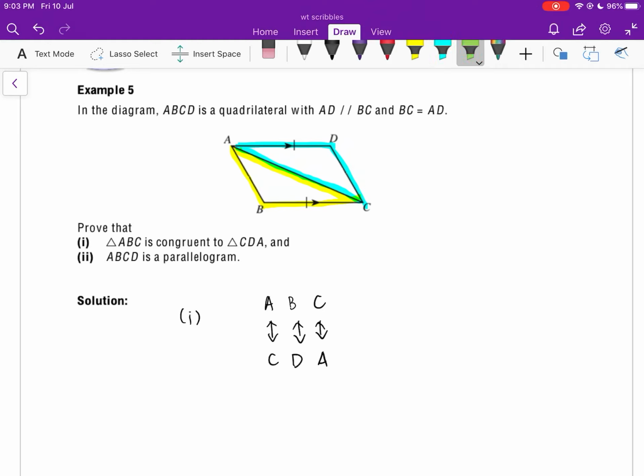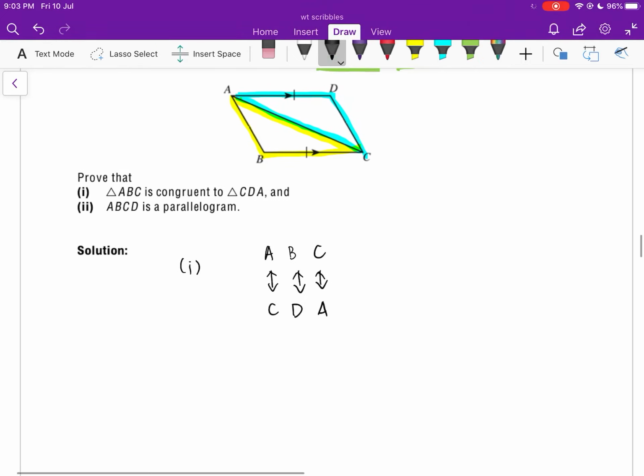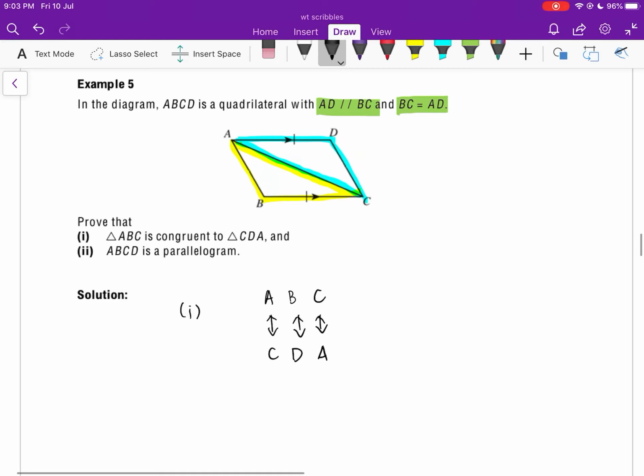So we know that ABCD is a quadrilateral with AD parallel to BC and BC equals AD. Okay, so we can use BC equals AD as one of our conditions, because we have BC and DA. So we can say that BC equals DA. This is given.